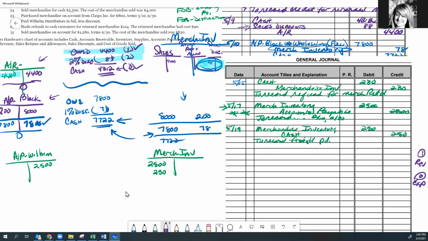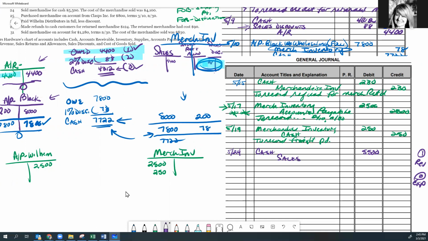So on 5/24, we sold merchandise for cash for $5,500. So we received cash. We're going to debit cash and make it go up. And we have to record our sales revenue.